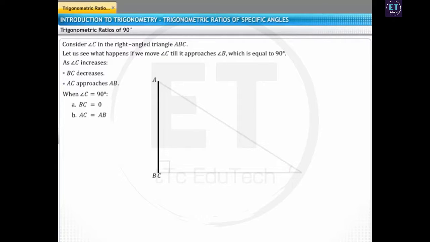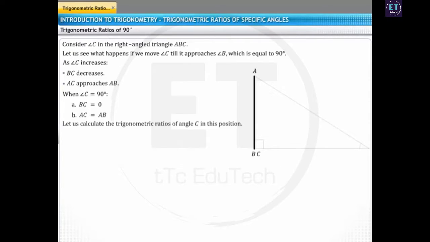Also, the length of the hypotenuse AC becomes equal to the length of AB, the side opposite to angle C. Let us calculate the trigonometric ratios of angle C in this position.